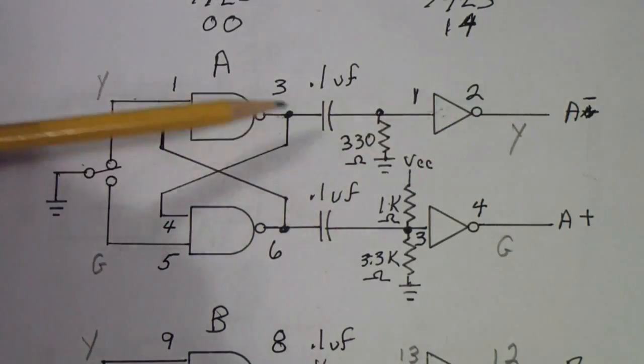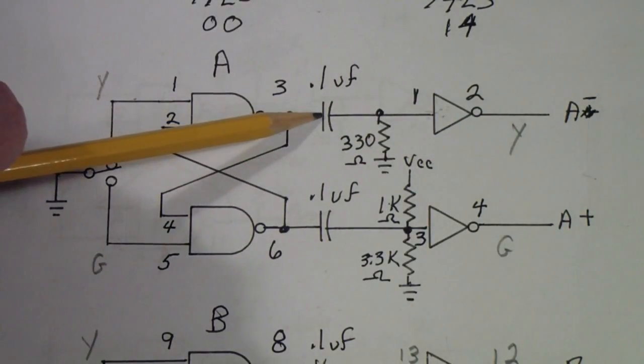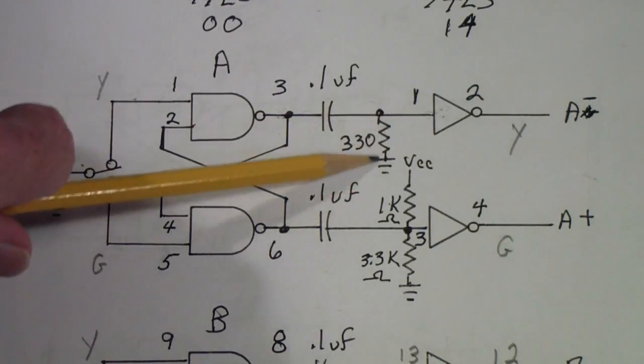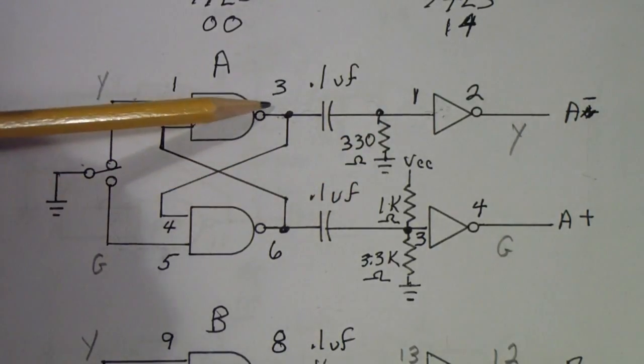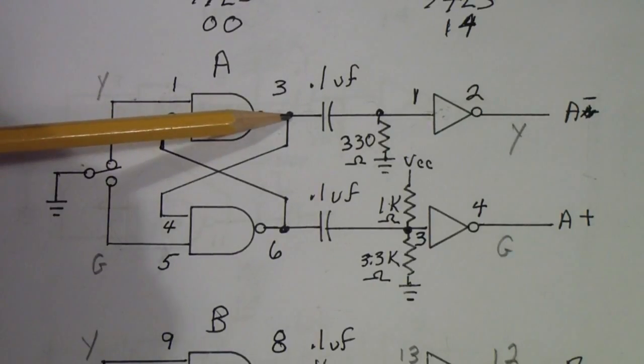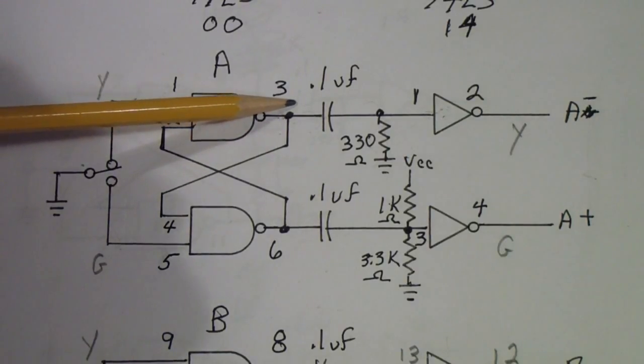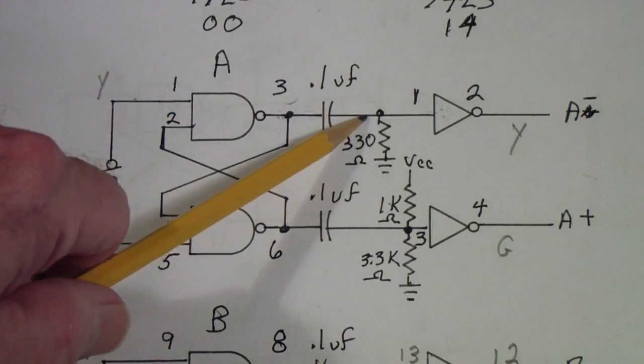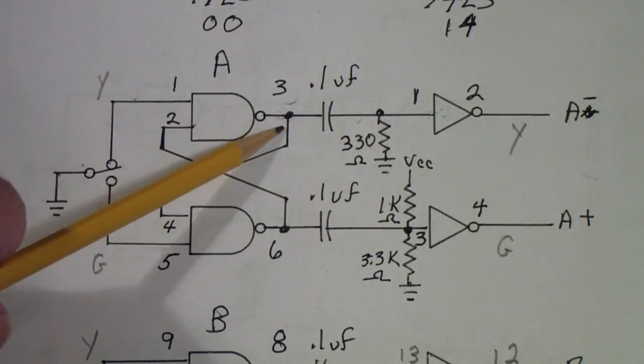But it will only change for the length of time it takes for the capacitor to discharge through this 330 ohm resistor. In other words, when this goes from a 0 to a 1, the capacitor is charged with essentially a 0 on this side and a 1 on this side.